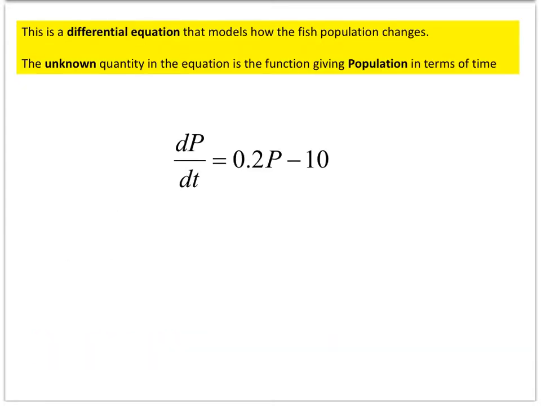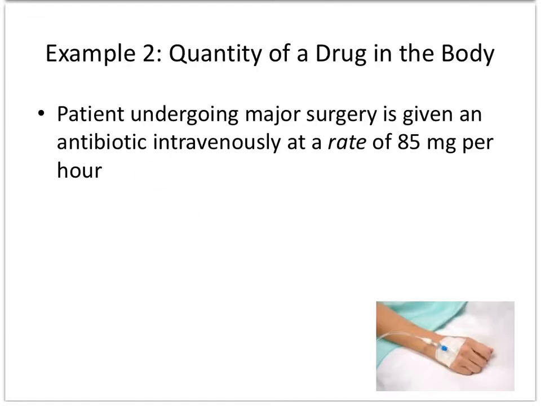So this is a differential equation. What this does is models how the fish population is actually changing. As you can see, what's unknown in this equation would be the population. So you could plug in any value of the population at any certain time and then figure out your rate, the change in population over the change in time.